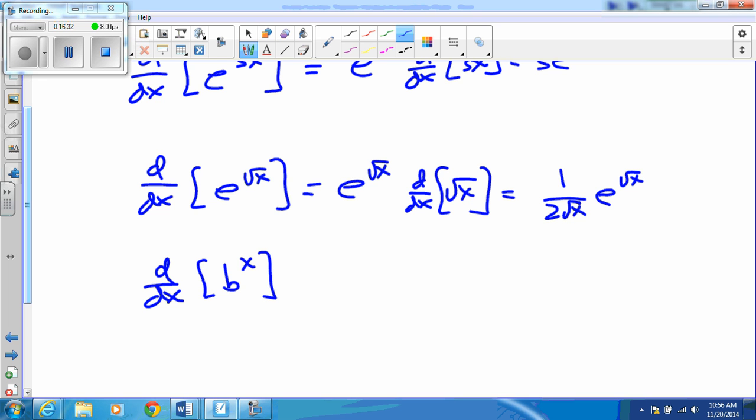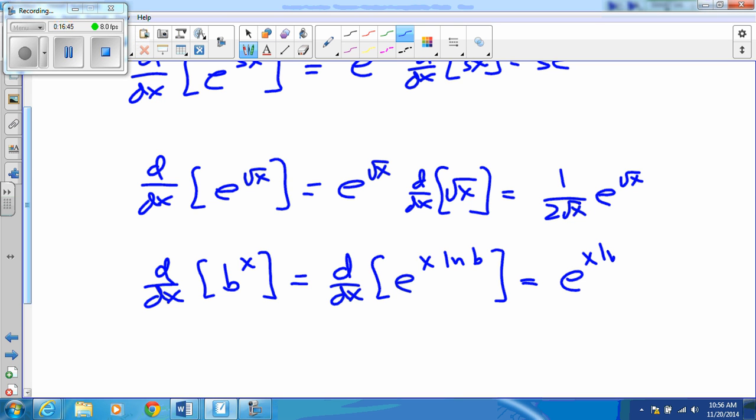And in particular, we can leverage this to find the general exponential derivative. The derivative of b to the x can be found using our change of base. If I change the base to e, like so, then I now have itself times the derivative of the inside. Keep in mind that the natural log of b is a constant because the base of an exponential is a constant function, and so the natural log of a constant is just a constant.